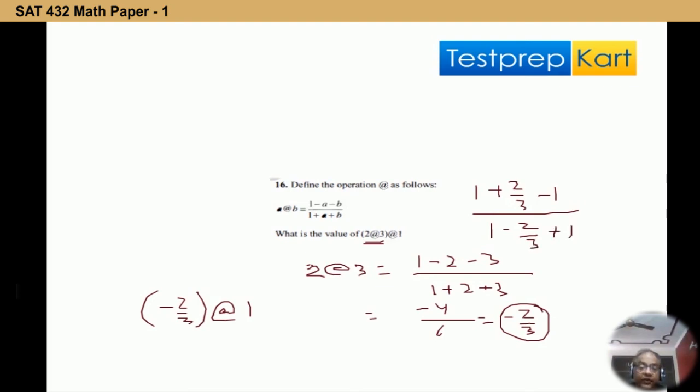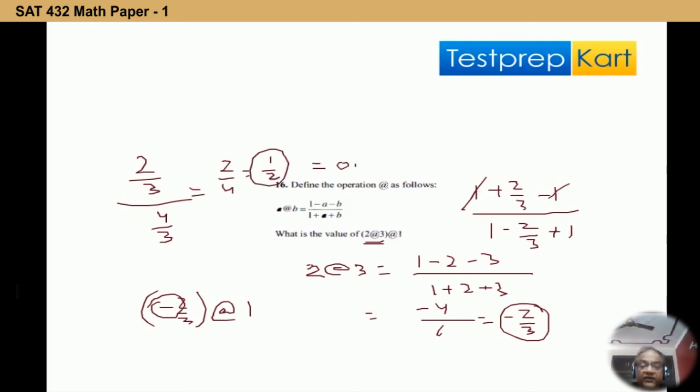I have used this sign as negative. So 1 got cancelled with 1. And then this will be 2 by 3 divided by 2 minus 2 by 3, that is 4 by 3. And that gives me 2 by 4 or 1 by 2, or maybe 0.5, you can say this also.